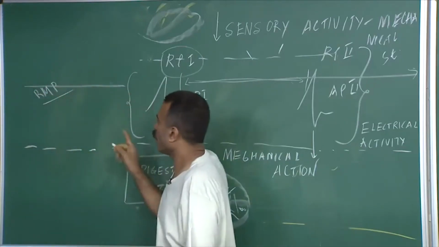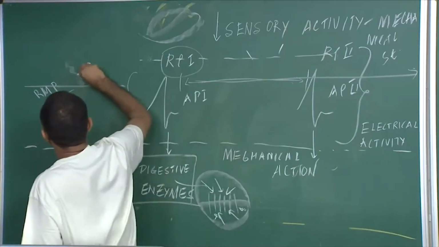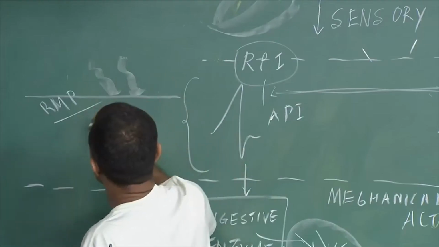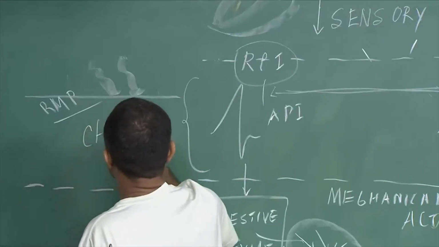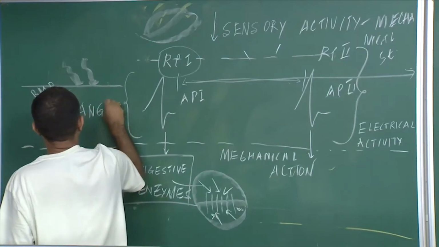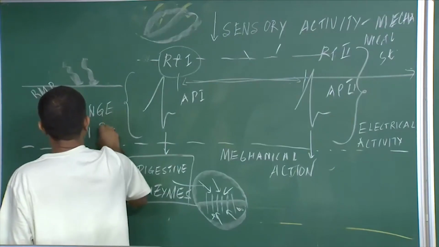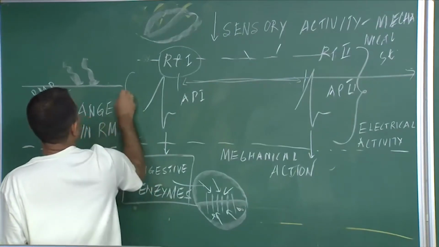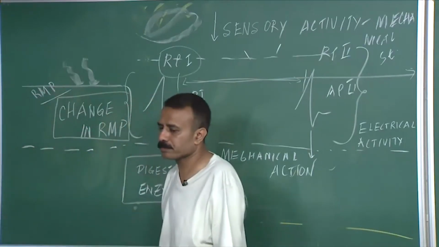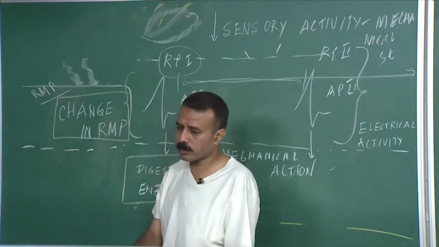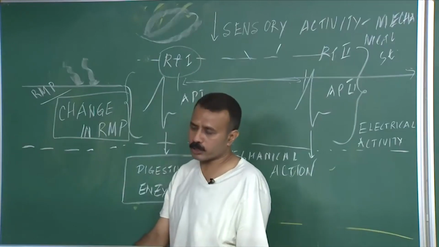Now, by some mechanical stimulus on them, there is a change in RMP, the resting membrane potential, and that is what we are talking about: the receptor potential change.